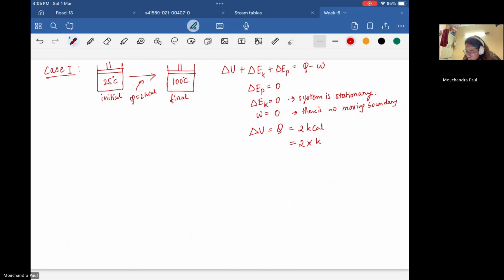First, we know 1 kilocalorie is 1000 calories and 1 joule is equivalent to 0.24 calories. If you're unsure, you can look it up. All right. So this is the conversion. This is how you will do the conversion.